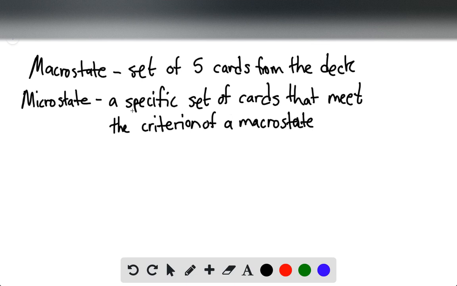So essentially, a macrostate would be the set of 5 cards. However, a microstate would be a specific set of cards that meet the criterion of a macrostate.